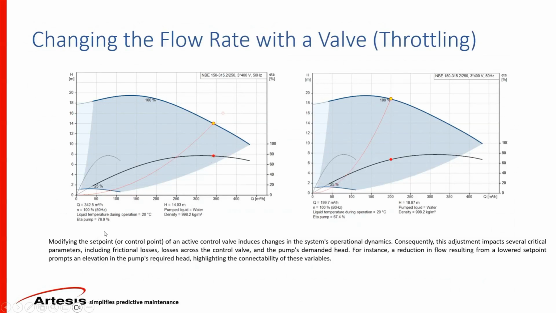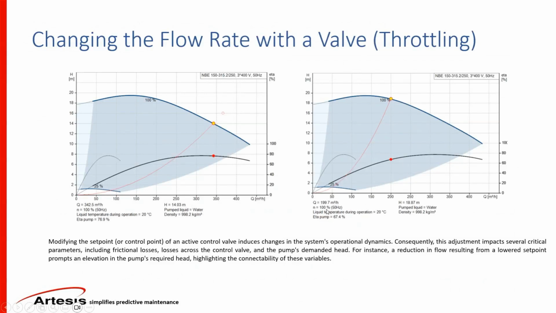It's around 67%. Okay, so this is very efficient, almost at peak efficiency. Now when we throttle the pump, we cut the flow rate from 342 down to 200. So this is approximately a 42% decrease in the flow rate.